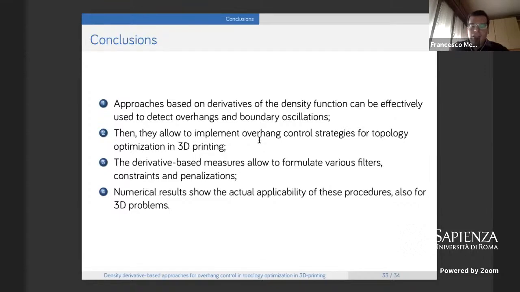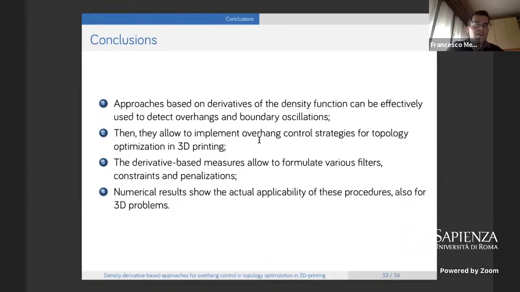Yes, as a matter of fact, yes. Well, in the analysis of the measure of boundary oscillations, and also in the experiments, we used basically CG2 elements, so elements of order 2. However, in 3D, we have basically expressed the second order derivatives by a weak formulation, which allowed us to use first order elements.